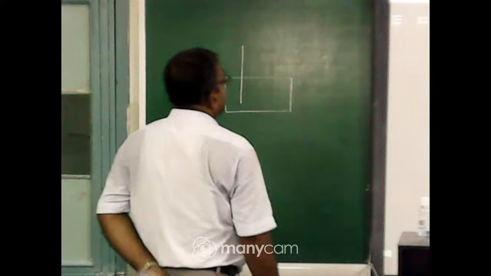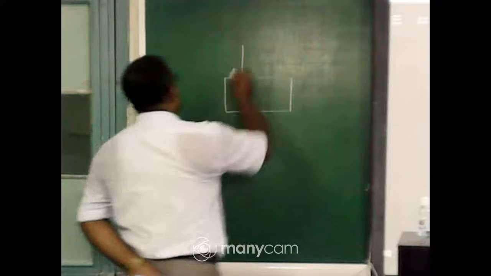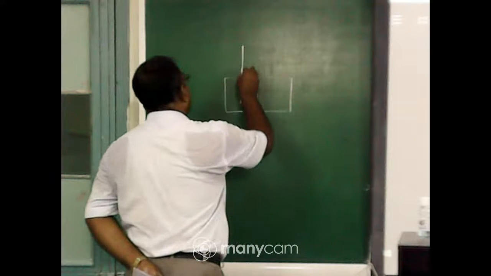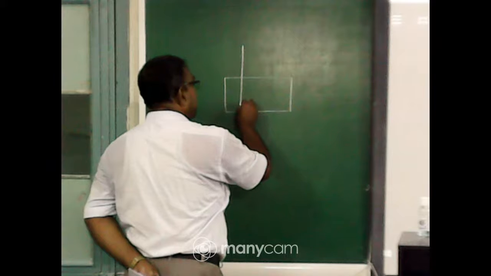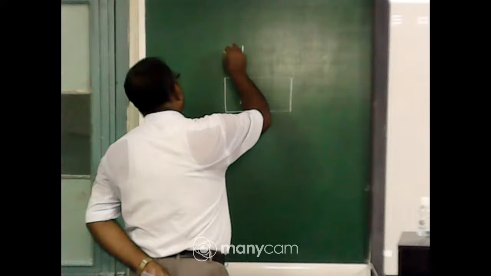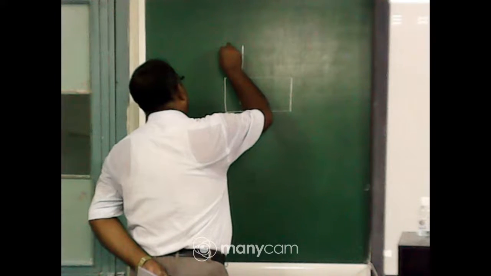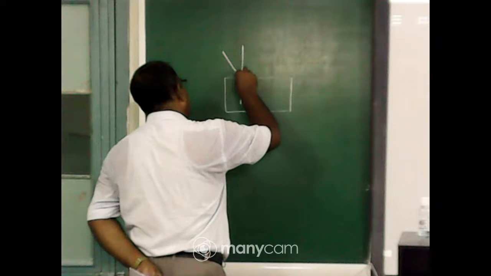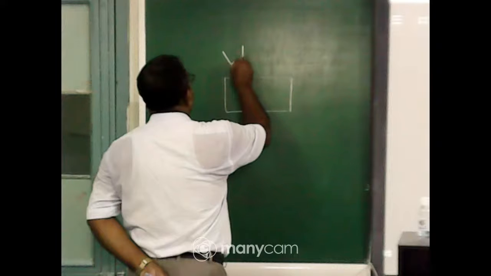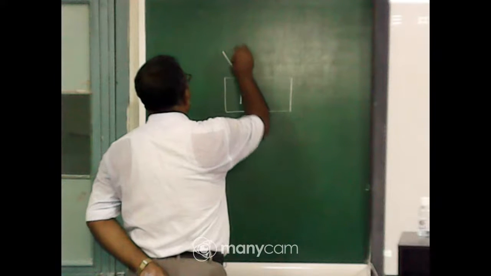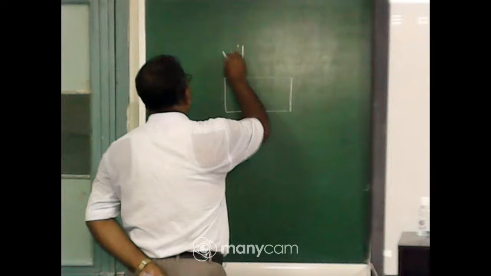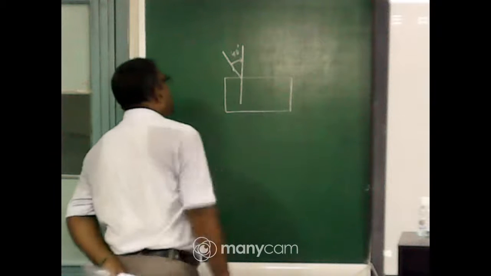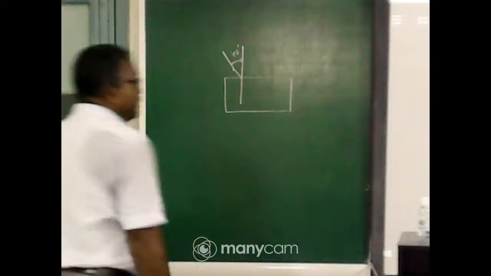Okay. So my dear students, you first consider a normal line drawn on the surface, and you measure with the help of the protractor. The angle of incidence is equal to 45 degrees, and two pins are put on the line.